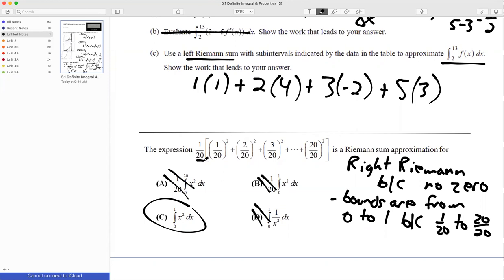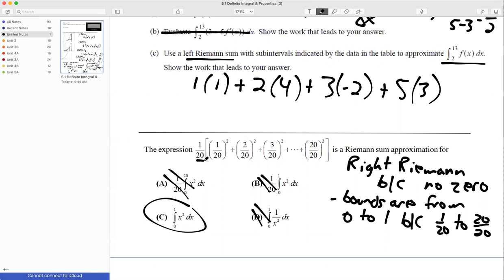And so there is no number out in front of the integral in this case. I hate to say that that would never be the case, but the connection that I want you to make is that this is a distractor here. This is just telling you how wide each rectangle is, and it's an approximation of 20 rectangles for the definite integral from 0 to 1 of x squared dx.